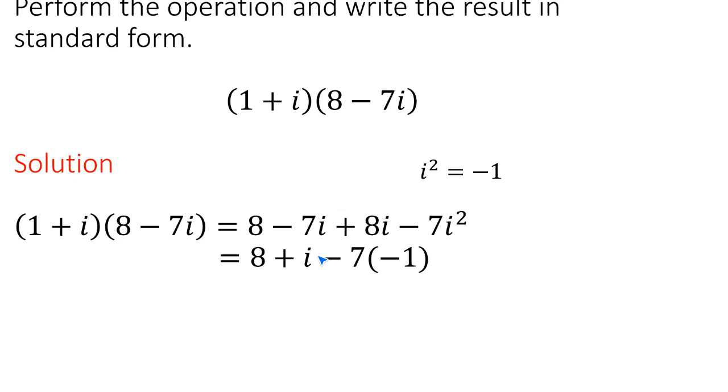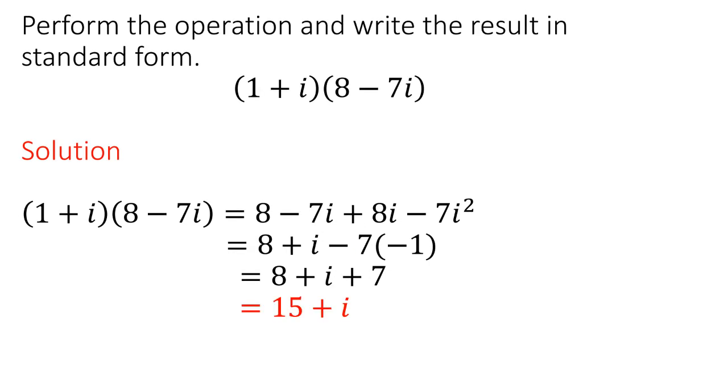Gather your like terms: negative 7i plus 8i is just 1i. And then i squared, remember, is negative 1, so I'm going to replace it. So I'm going to have negative 7 times negative 1, which becomes a positive 7. Then I can add it to the 8, which is 15, and I'm left with 15 plus i.